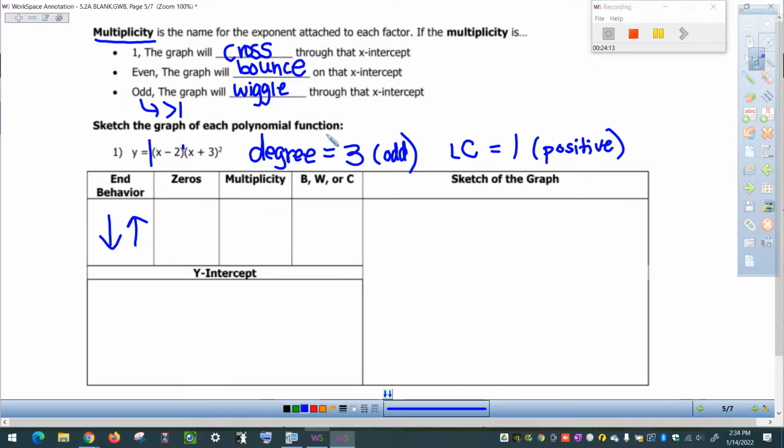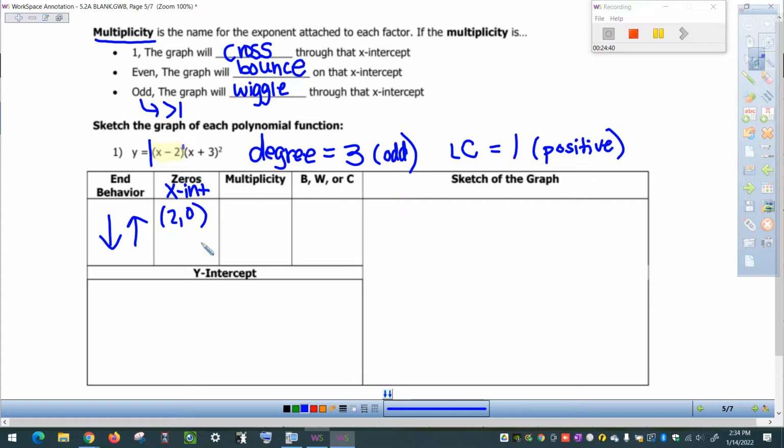All right, now right here, when it is asking us for the 0, that is another name for the x-intercept. All right, and we're going to look at this just one piece at a time. So I'm going to highlight the first little piece here. We're going to look at that x minus 2, and we're going to change it into positive 2. It's really like we set that part equal to 0 and solve for x.